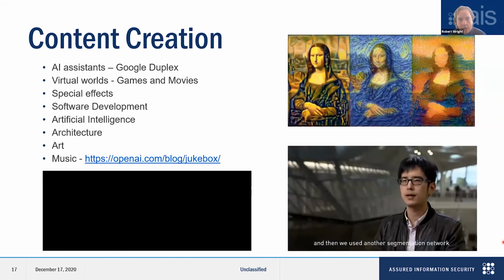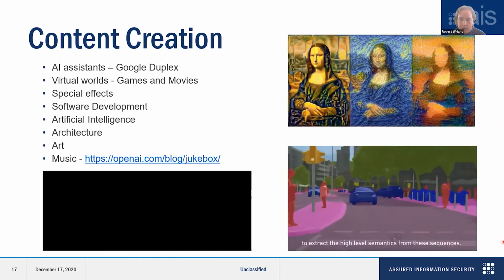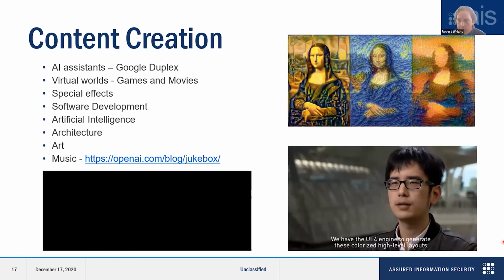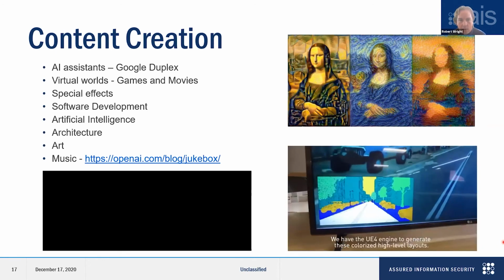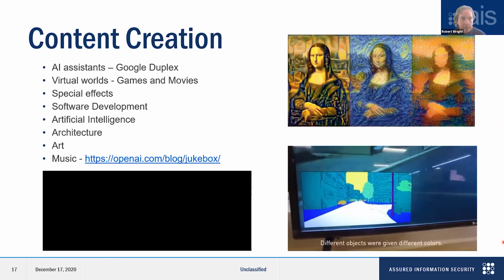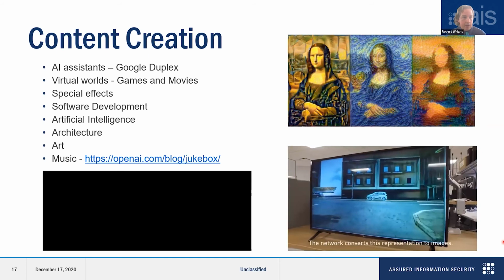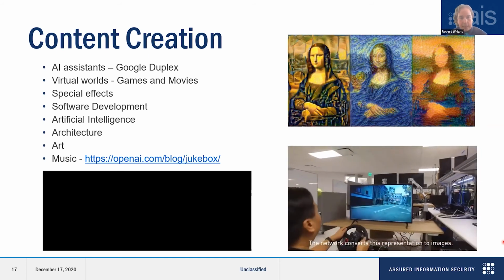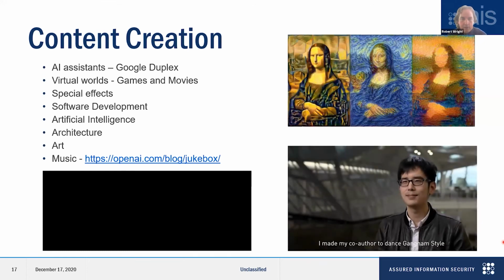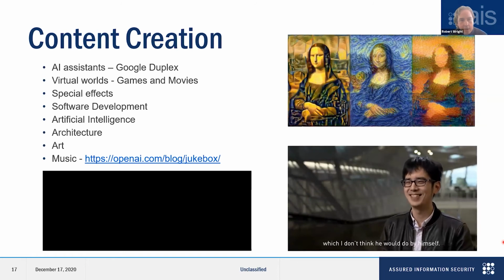Then virtual worlds for games and movies, so procedurally generating whole worlds or gaming environments for a player to explore, or allowing special effects artists to just specify, say to a GPT-3 model, hey, I want this subtype of alien worldscape with these types of details, and instead of having to generate all of it on their own, the computer can do most of the busy work, and it's just up to the special effects artists to generate the details.